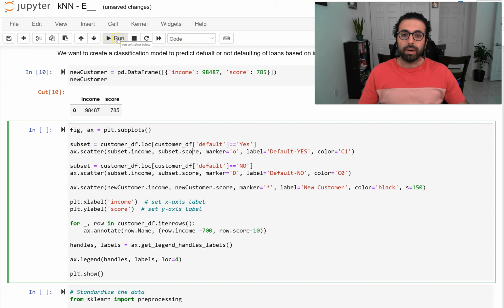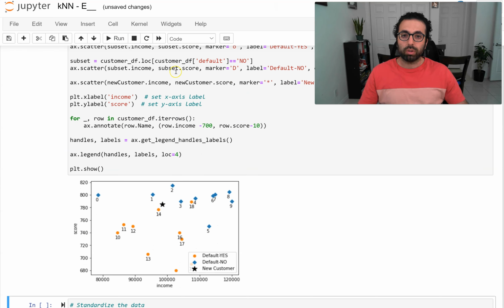So if I were to draw the whole data set in one diagram, I could do it this way. I have the blue dots, which are the no default data. We can see that they have a higher credit score and also they have higher income.